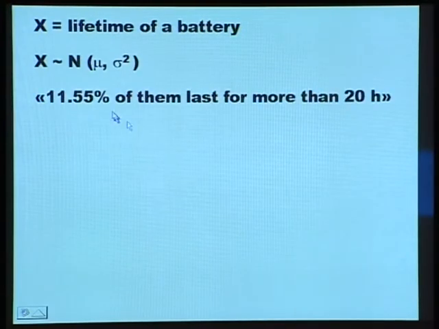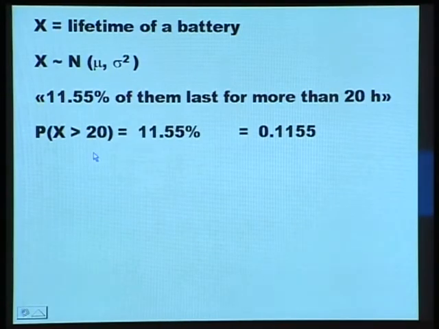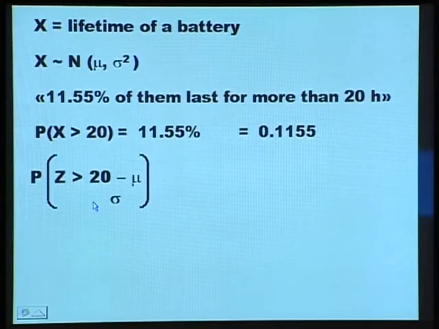First statement in the question was 11.55% of them last for more than 20 hours. This means that the probability that the lifetime is more than 20 hours, that is X is greater than 20, is 11.55% or 0.1155. So of course we cannot work with this probability, we need to standardize it.